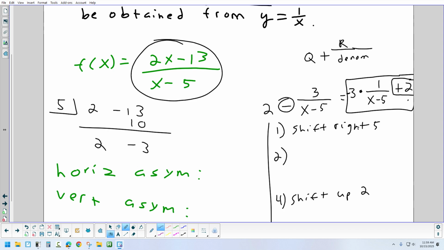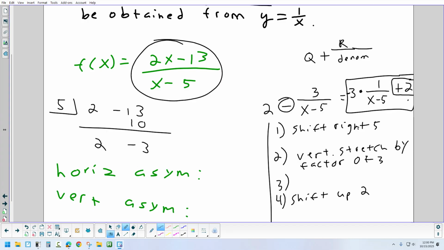Okay. What's the second one? Vertical stretch by a factor of 3. Yep. So vertical stretch by factor of 3.